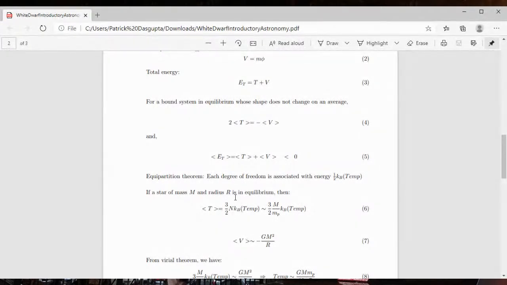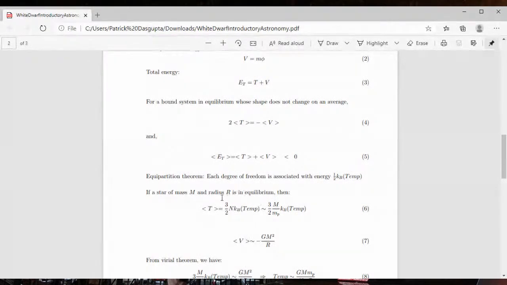Then the total kinetic energy, after all, thermal energy is nothing but random kinetic energy. I'm talking about the total average kinetic energy. This average is not the statistical average where I sum up and divide by N. By average, I mean time average.